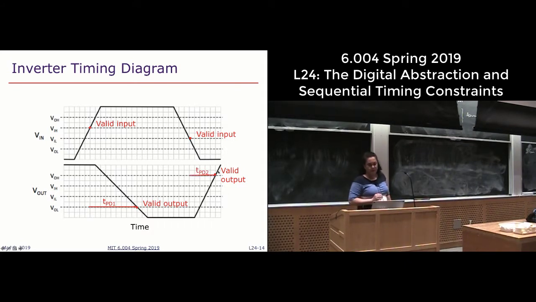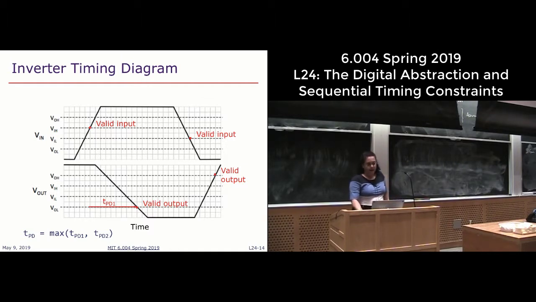If I measure that, that's my propagation delay on the other end, and of course we're interested in the maximum of these two because we want to know the longest amount of time it can take. That defines our propagation delay for this inverter as this TPD1. Any questions about that?